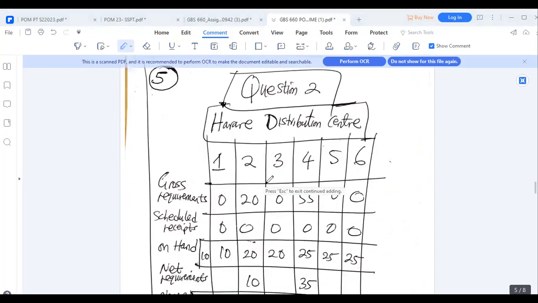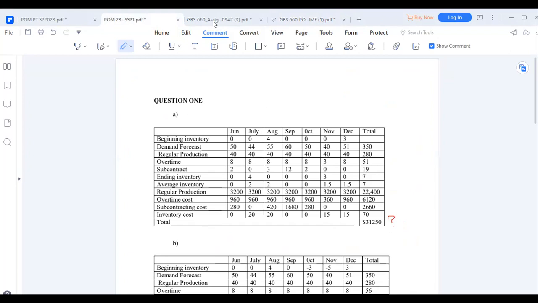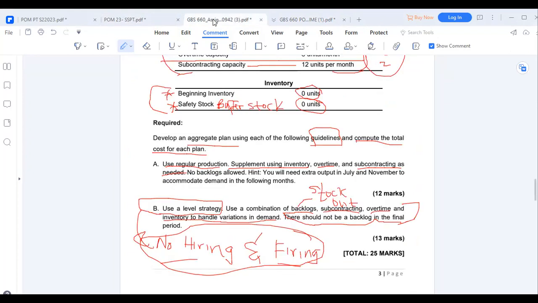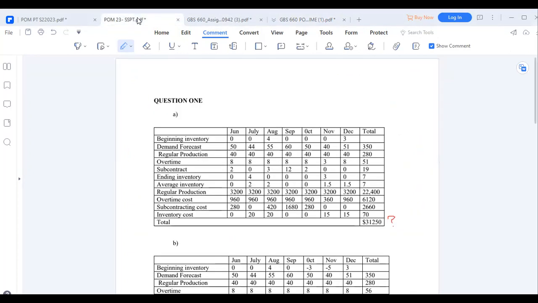Question 2 was on MRP, which is material requirement planning. Under this question 2 on MRP, I know there are some other discrepancies that could have come because of other solutions like this one, 31,250.